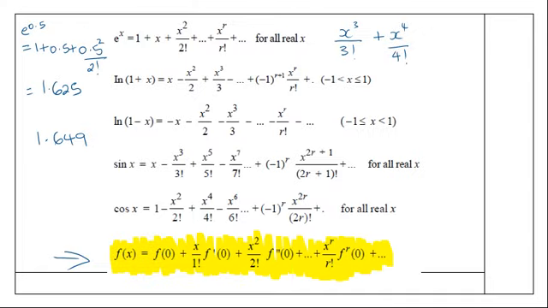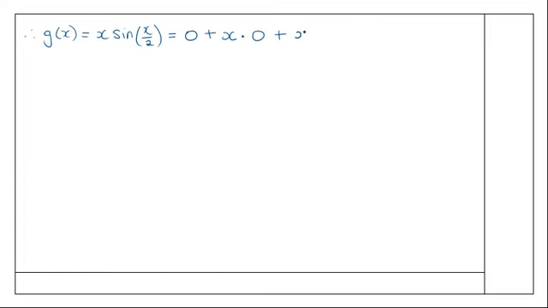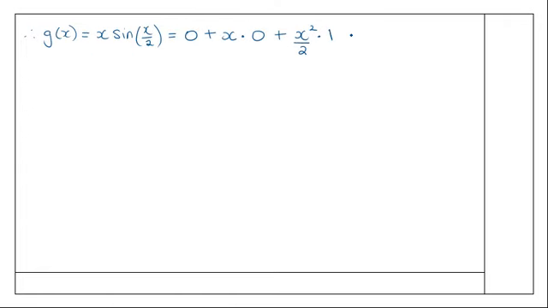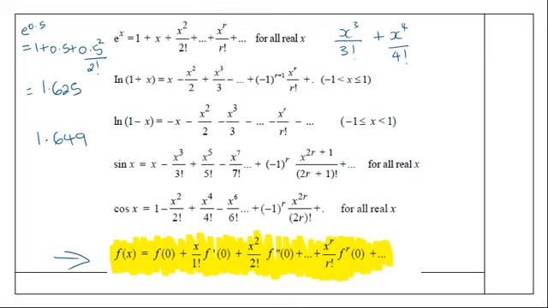Plus, going back to the formula, x squared over 2 times the second derivative at 0 now. So x squared over 2 times, let's look for our second derivative. We had gotten 1 plus, and we should be seeing the pattern by now.